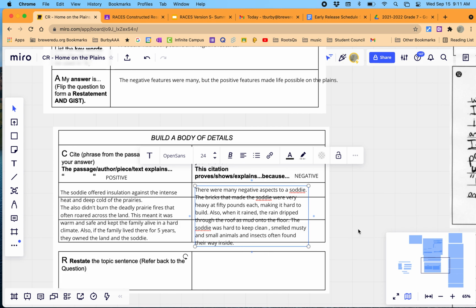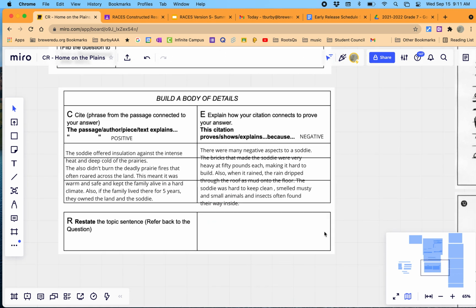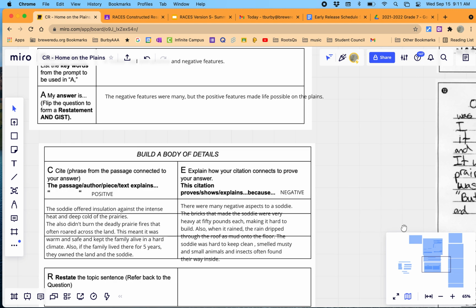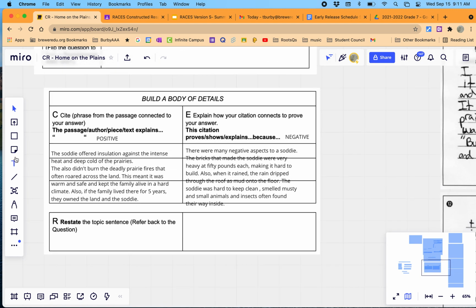Okay? So now I'm nearly done. All I need to do is restate my topic sentence. And basically, I look back at it and I'm just going to say it had positive and negative features. So I'm going to say this.